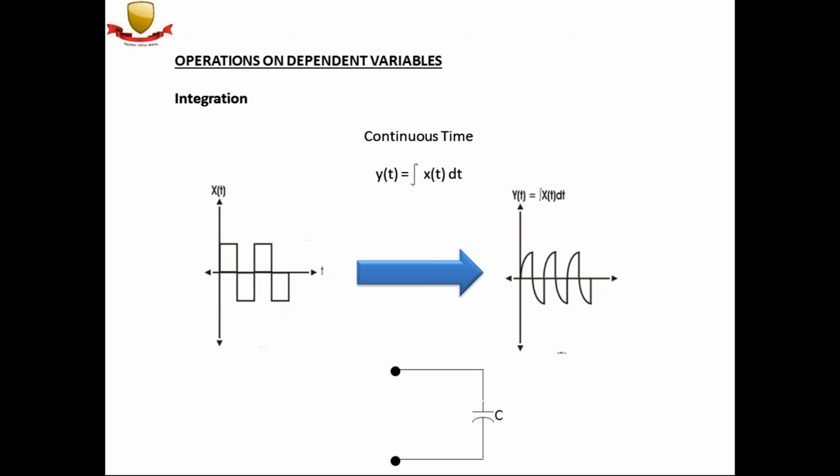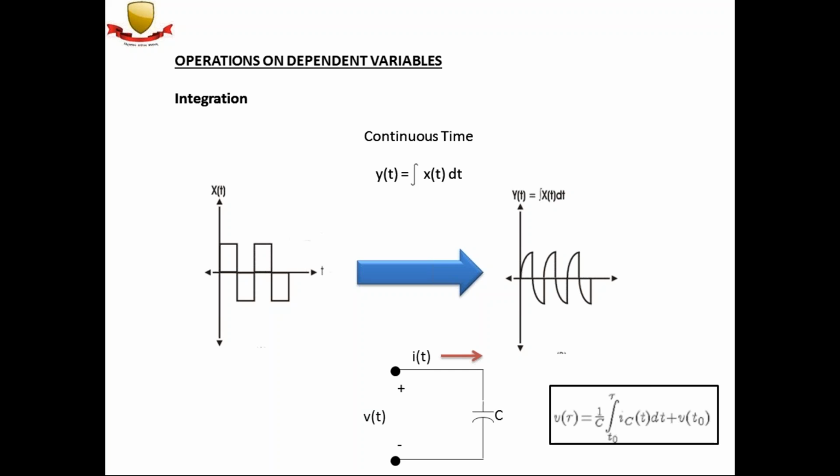What you will not find is the practical applications. So let's see that. Again, you are applying a voltage on these terminals. The current will develop over there, and now you'll find the relation, how this voltage can be identified by integrating the current. IC is the current flowing through the capacitor, and VT0 is the initial voltage at time t equal to 0.